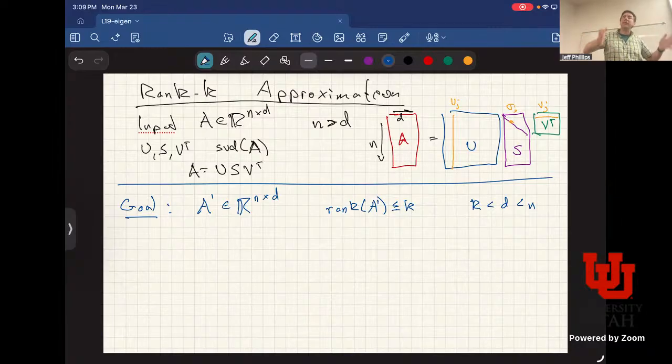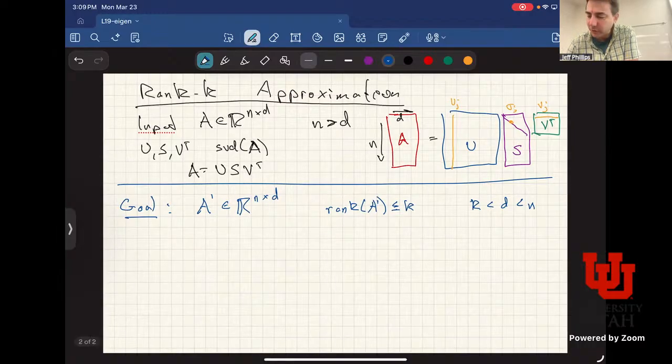If I'm observing data, it's sensed with some noise, and it's very hard to get a low rank input data matrix if N is much larger than D. Now we want an approximation that is a smaller rank, meaning there are not a lot of linearly independent columns, at most K of them.